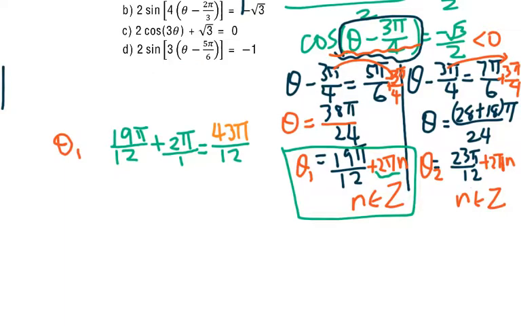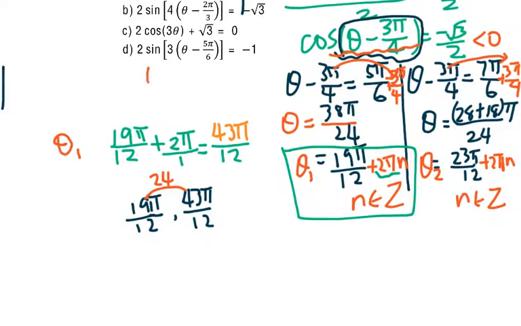Okay. So I list 19 pi over 12, then the next one will be 43 pi over 12. And we know that the difference is 24, for the numerator only. Your denominator stays the same.